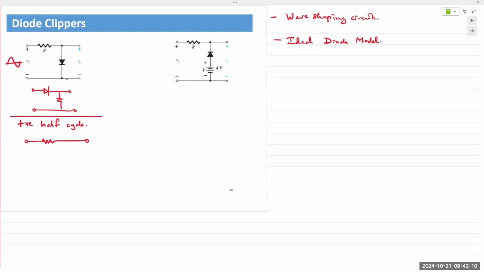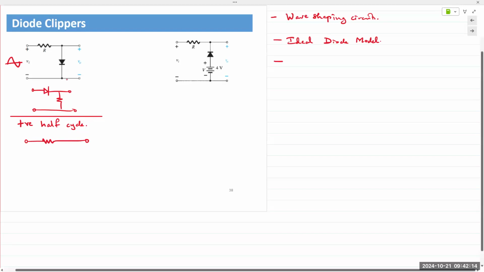So based on the ideal diode model, what do we replace the diode with? Short circuit, absolutely. So the diode is on. If it's forward bias, the diode is on, and we replace it with a short circuit. If it's reverse bias, the diode is off, and we replace it with an open circuit.